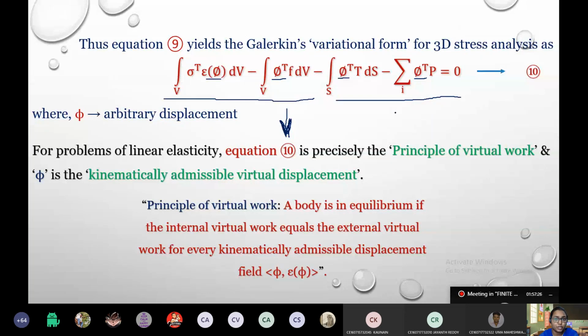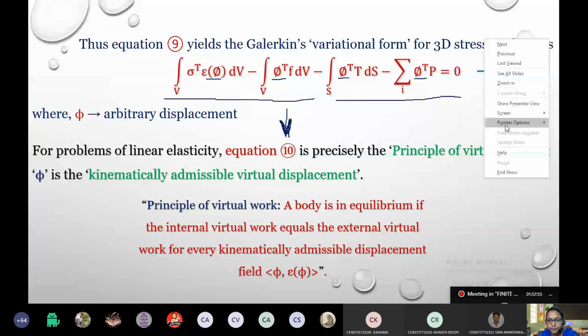We are going for multiple choices. Please remember: the Rayleigh-Ritz method works on the principle of minimum potential energy, whereas for 3D stress analysis, elasticity problems with Galerkin's variational form, it works on the principle of virtual work. This is the end of unit 1, and unit 2 was already over.